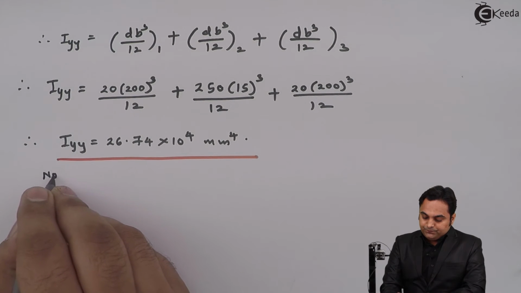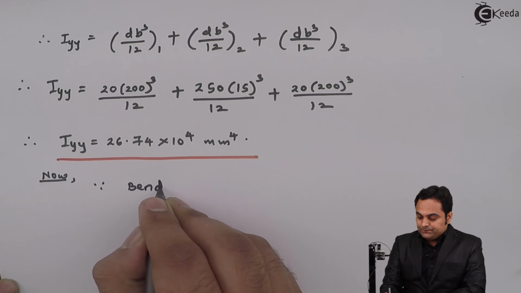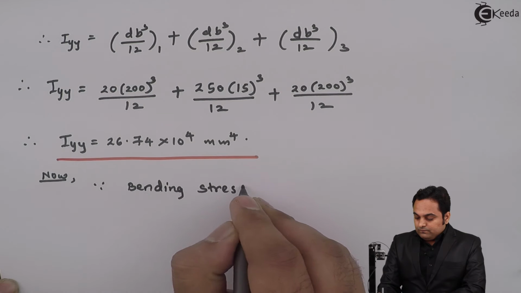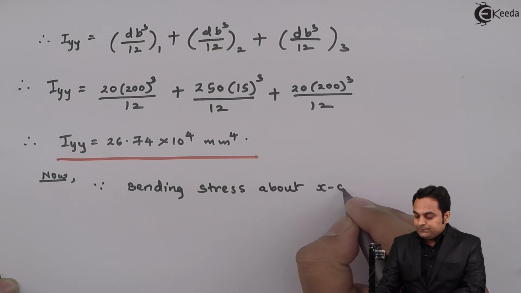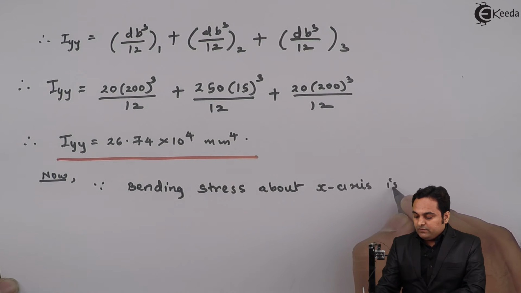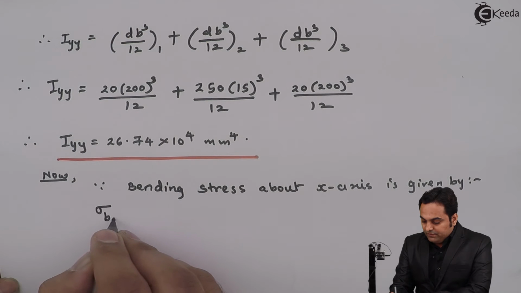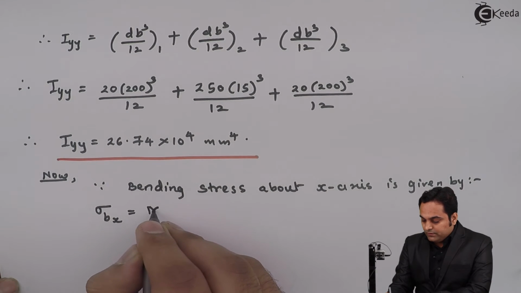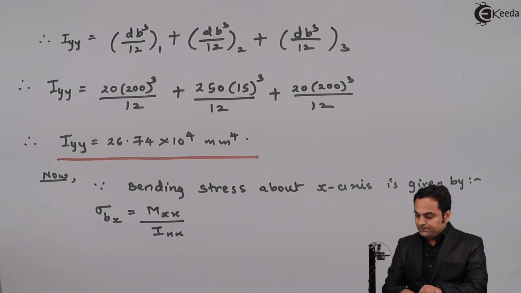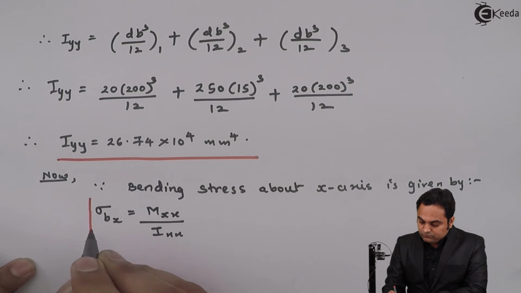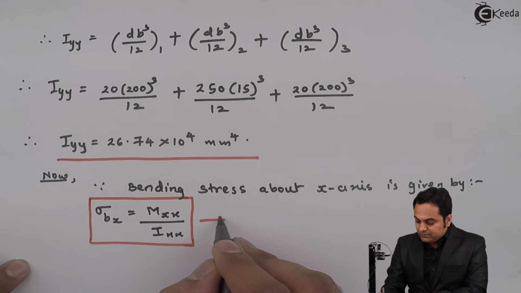So now, since bending stress about x-axis is given by sigma b suffix x is equal to bending moment about xx upon Ixx. I'll keep this as equation 1.